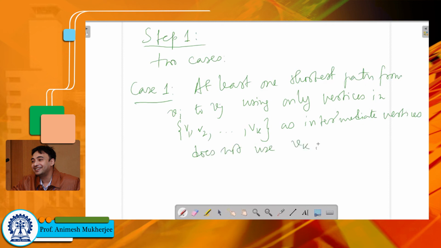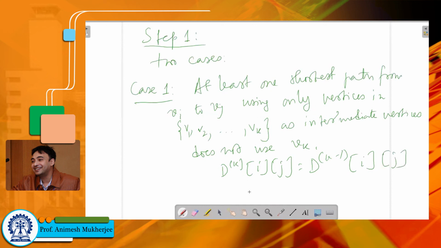Okay, so that means in this case, since you are not using Vk in the set of intermediate vertices to construct the shortest path, you can very well say that d^k_ij is nothing but d^(k-1)_ij, because you have not used Vk in your shortest path construction.